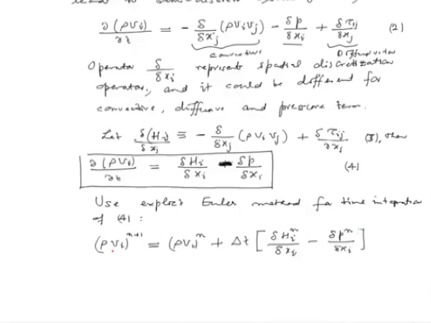Now, the velocity field which we have calculated, that must satisfy continuity equation. So, this V_i^(n+1) must satisfy continuity equation. So, let us take divergence of equation 5.